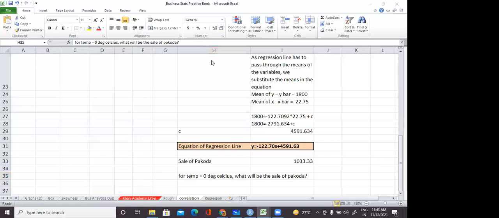Okay, somebody has written something. Yeah, the question is, what will be the sale of pakoda? Given this regression equation between sale of pakoda and temperature, if the temperature is 0 degrees Celsius, what will be the sale of pakodas on that day? That is the question. You want me to change the color?